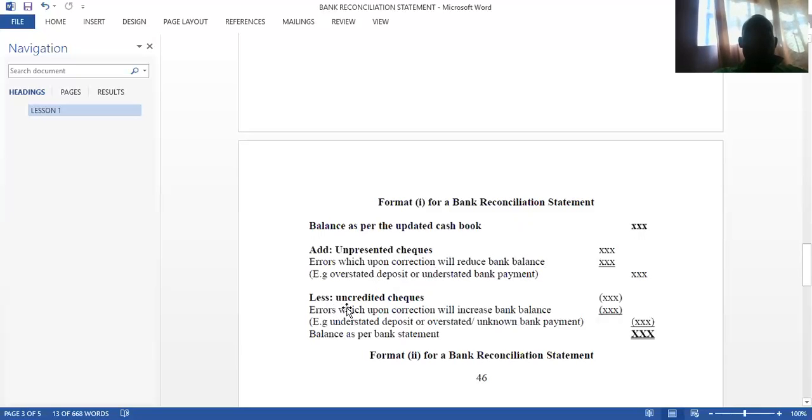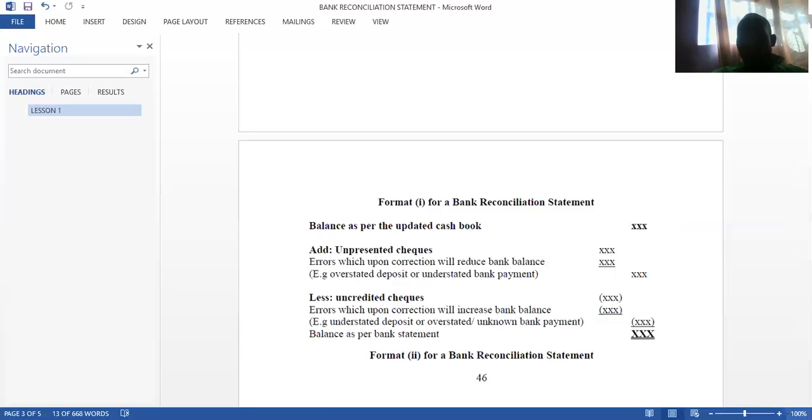Then you raise uncredited checks, also the errors which upon correction will increase the bank balance in that case. And then if you have the balance as per the updated cash book, you add unpresented and the errors that will reduce the bank balance, then you raise uncredited and the errors that will increase the bank. The two, you will find that you are going to get the balance as per the bank statement.